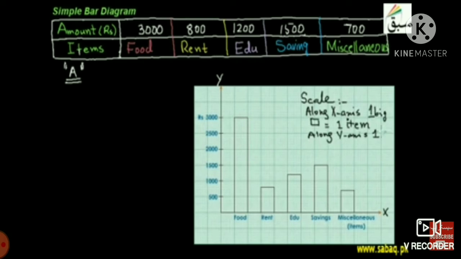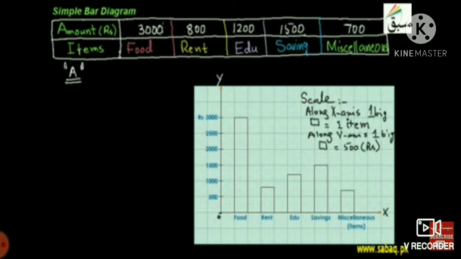And along the y-axis, one box represents one unit, which represents 500 rupees. All the unit of distance is the same: 0 to 500 is 500, 500 to 1000 is a difference of 500, 1000 to 1500 is 500. So all of it is the unit of the distance.